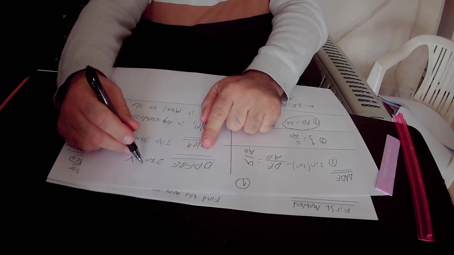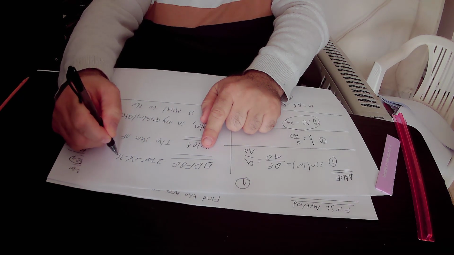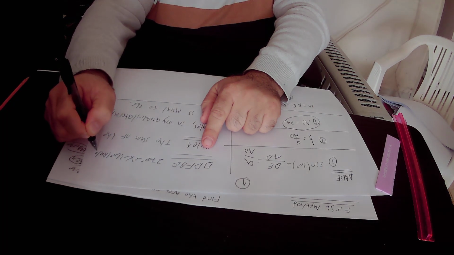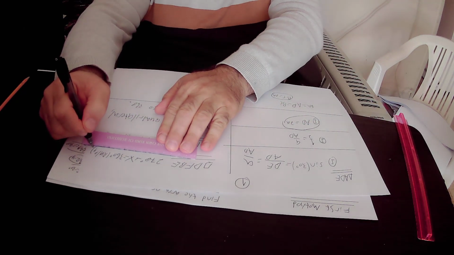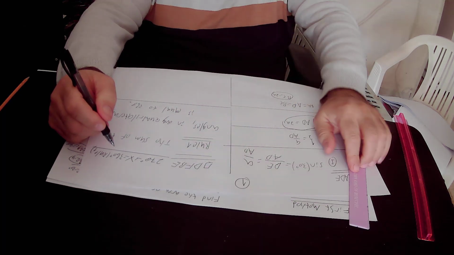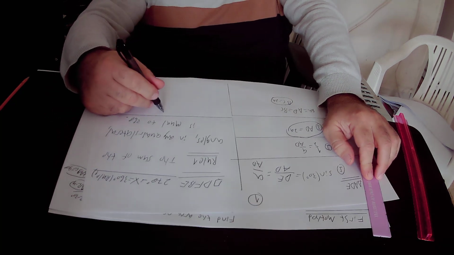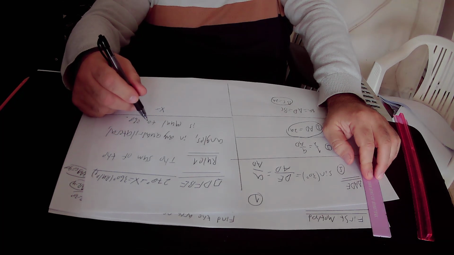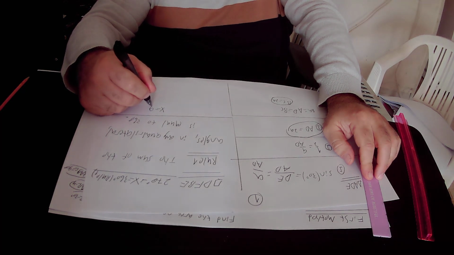That is to say, 270 degrees plus X must be equal to 360 degrees, according to rule number 1. And here we will subtract 270 degrees from this equation, and we will get that angle X equals 360 degrees minus 270 degrees. That is to say, it equals 90 degrees.